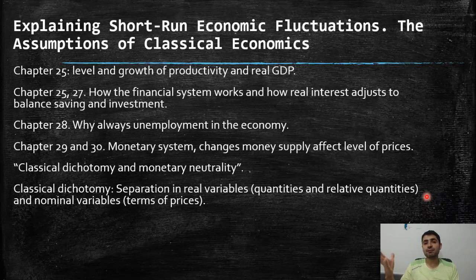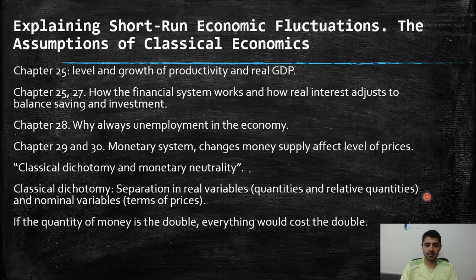The nominal variables are those that involve prices. So the classical dichotomy says, okay, if the quantity of money doubles, naturally everything will cost double. We're going to receive double in our salaries, and naturally everything will be exactly the same.